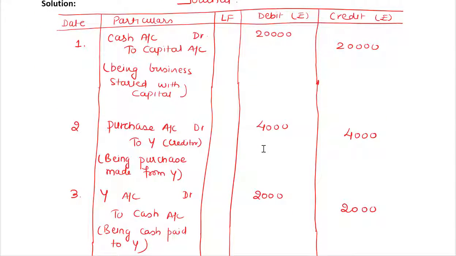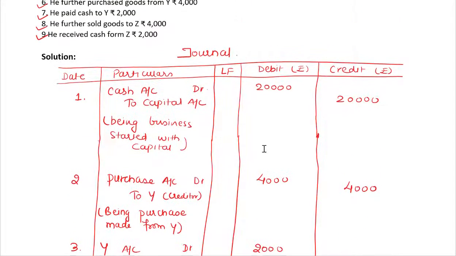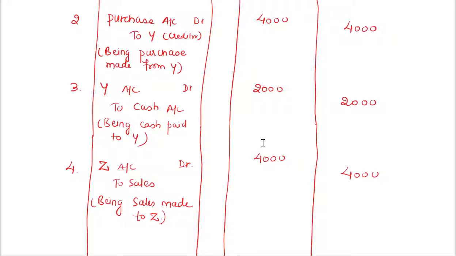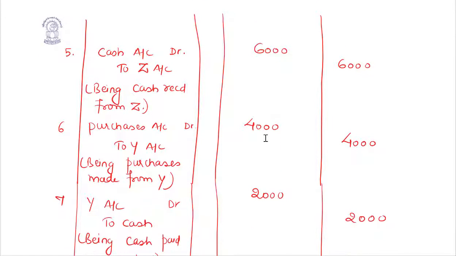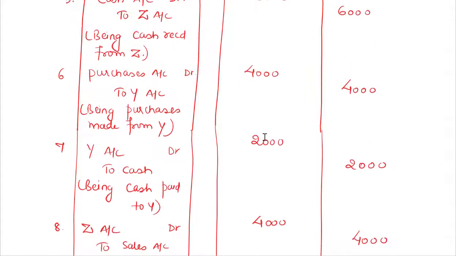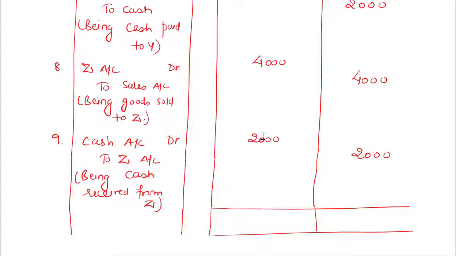You can also calculate along with me. 20,000 plus 4,000 plus 2,000 plus 4,000 plus 6,000 plus 4,000 plus 2,000 plus 4,000 and plus 2,000, 48,000. On both the sides, 48,000 is the total of journal.